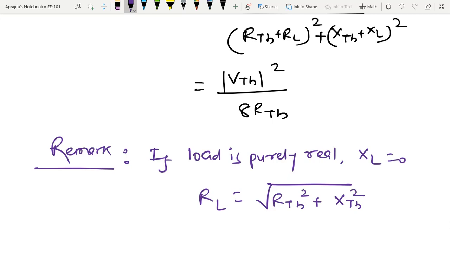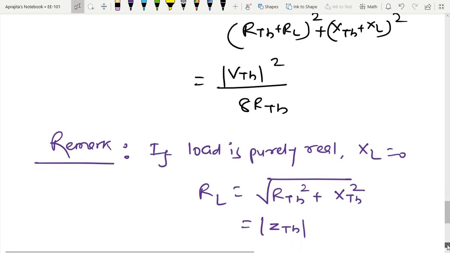Basically, this is nothing but the magnitude of ZTH. So I can also write like this.